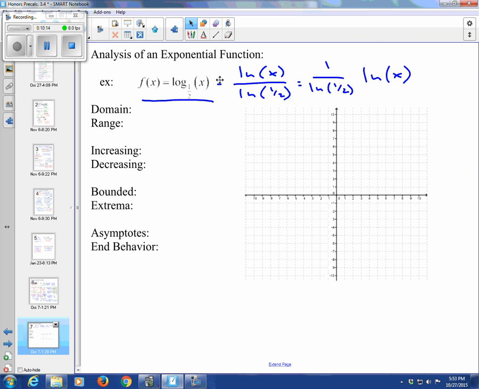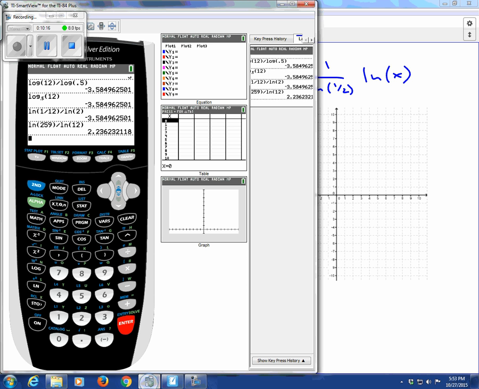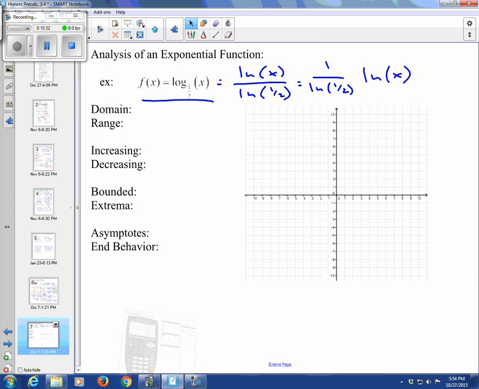And we could type 1 over the natural log of 1/2 in the calculator and get that constant. So 1 divided by the natural log of 0.5 gives us approximately negative 1.44269.